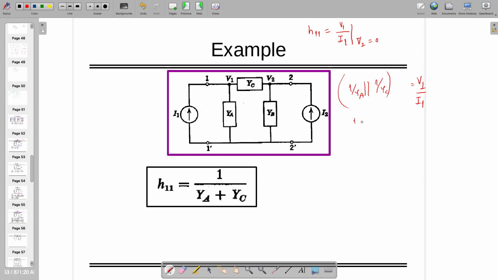Admittance, yes. So that's why these two resistances are in parallel. So 1 by YA times 1 by YC divided by 1 by YA plus 1 by YC, which is going to give me 1 by YA plus YC. Yeah?